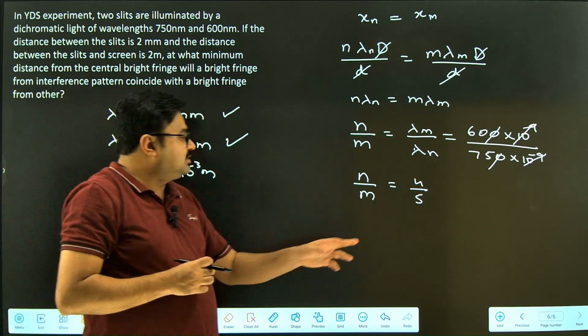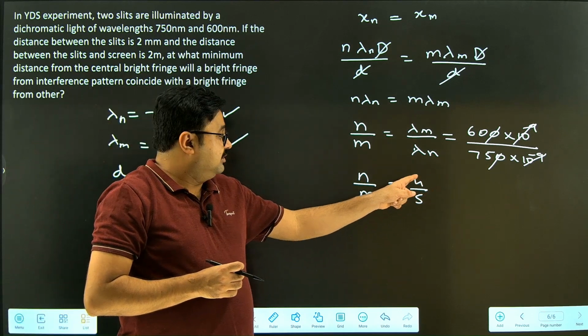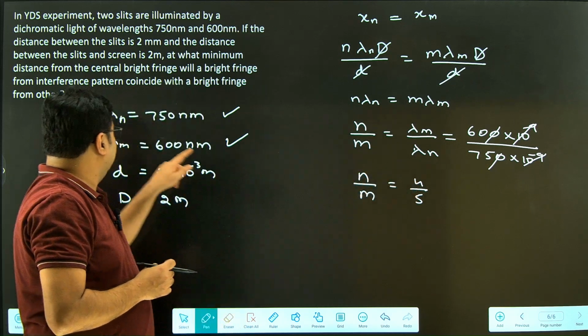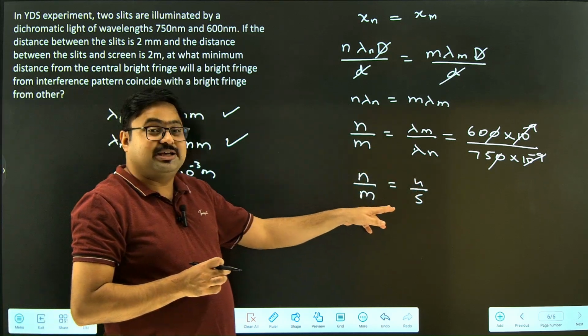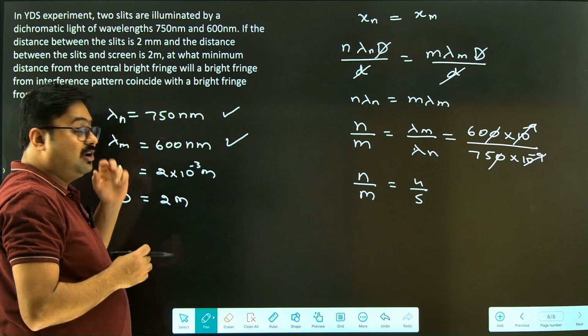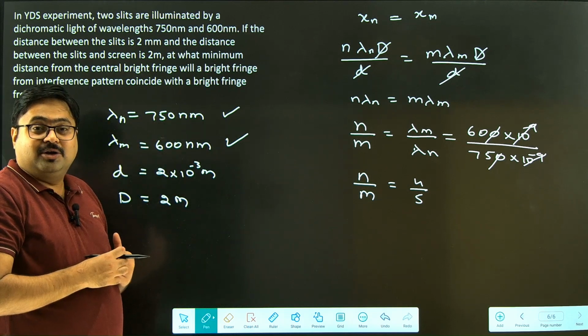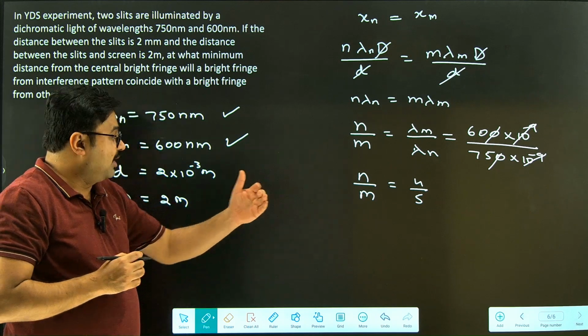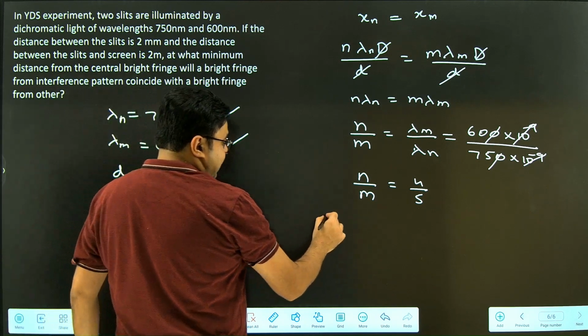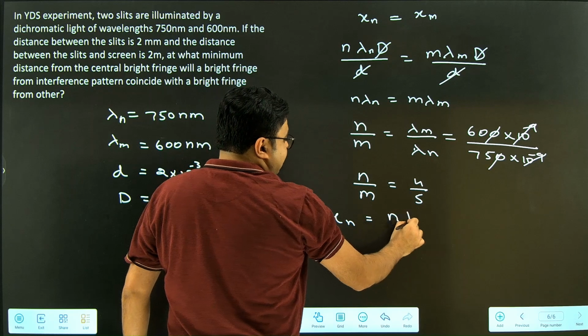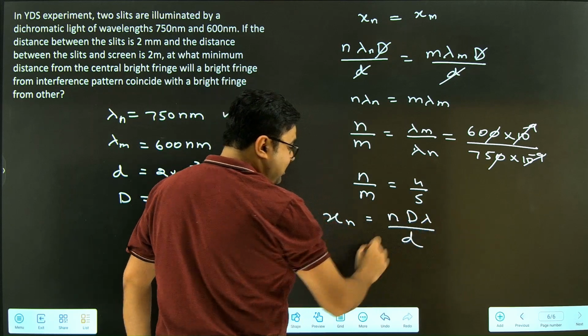So the next coincidence will occur like this. The eighth bright fringe of lambda n will coincide with the 10th bright fringe of lambda m. So if you are writing an equation for the distance to the nth bright fringe for the first wavelength, let's say xn, it would be n D lambda divided by small d.